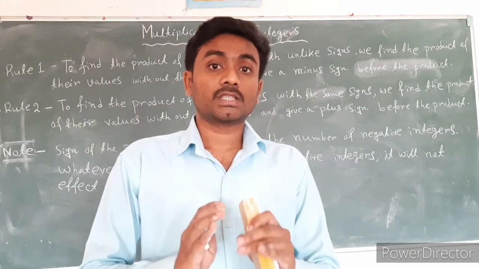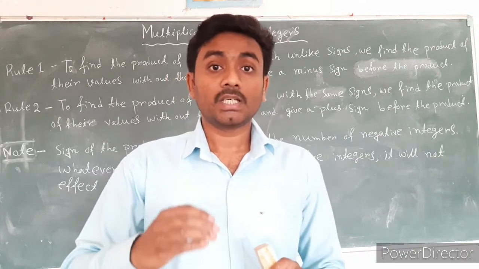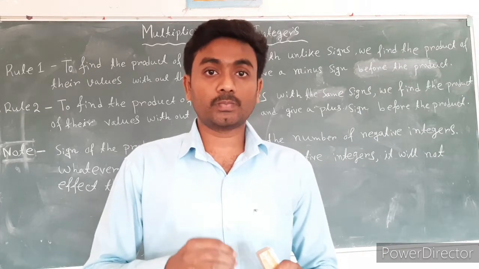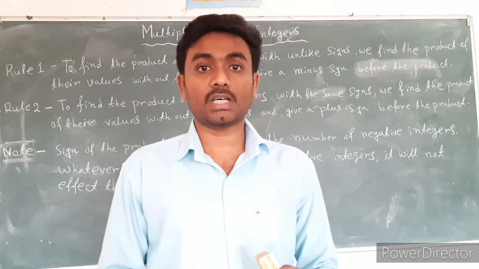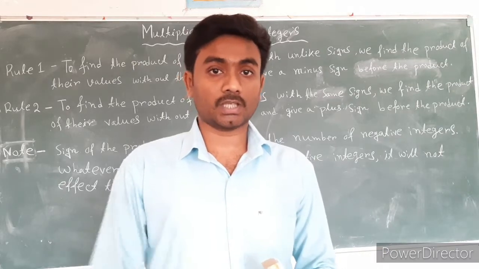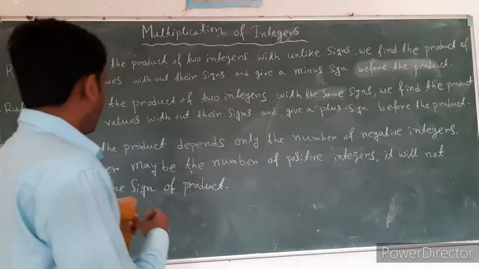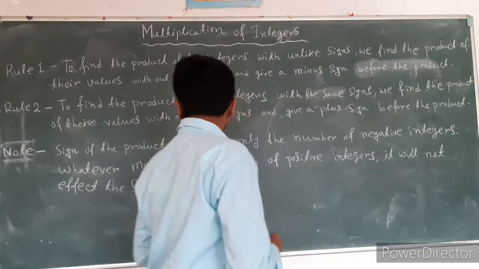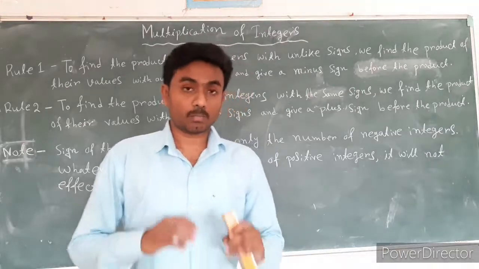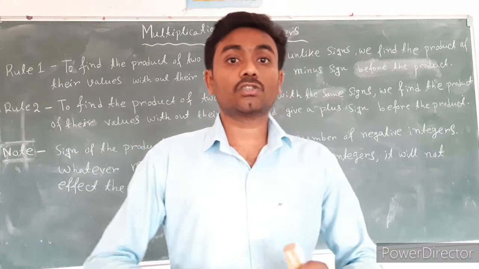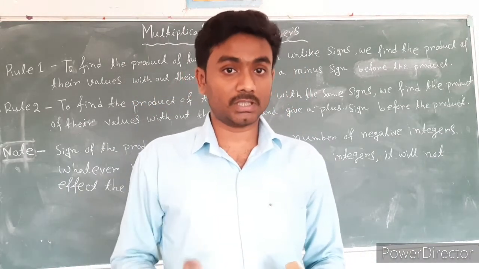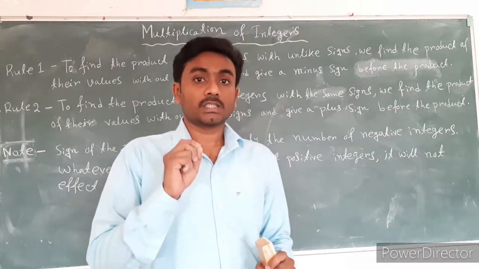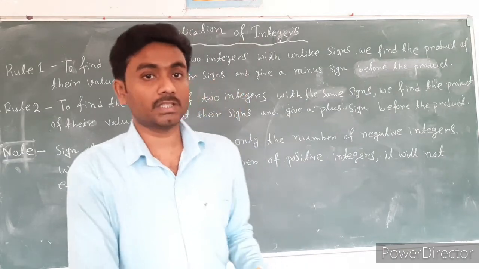The sign of the product doesn't depend on the number of positive integers, because the product is not affected by positive integers. The sign of the product depends only on negative integers.